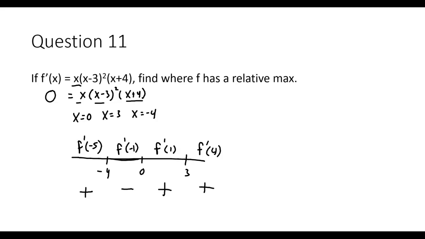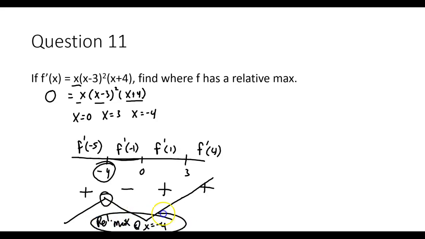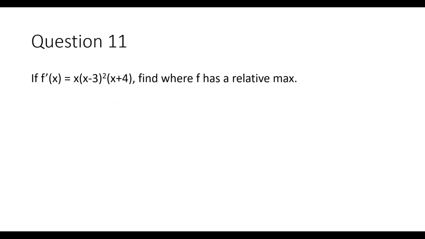Well, let's sketch some slopes. So for the first interval, it's going upwards because it's a positive slope, then down, then up, and then up some more. So this is the relative max here at 4. So that's how you can find relative extrema. It's called the first derivative test.